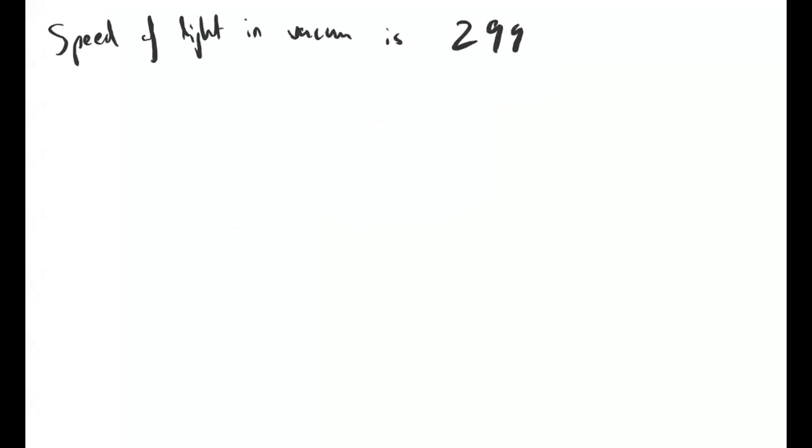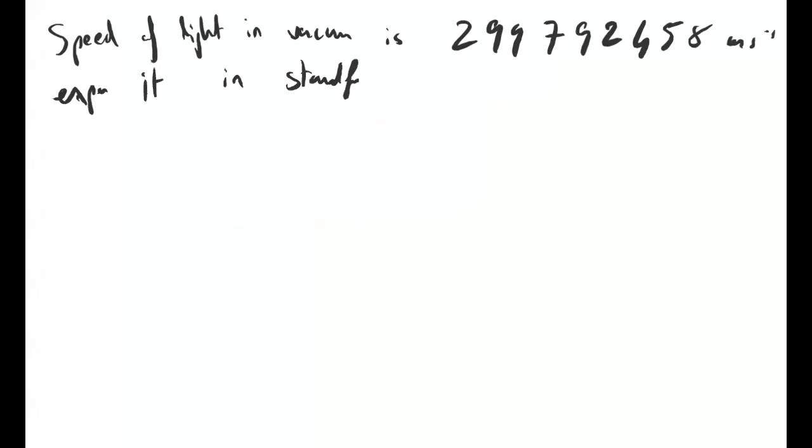Let me give you an example from my head. Speed of light in vacuum is 299,792,458 meters per second. So express it in standard form, 3 significant figures.